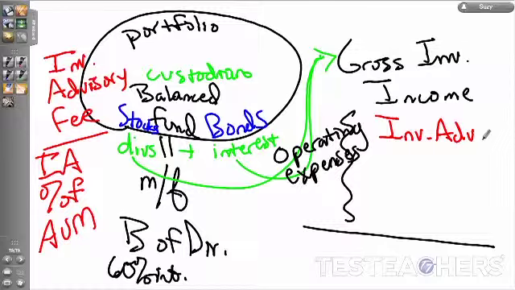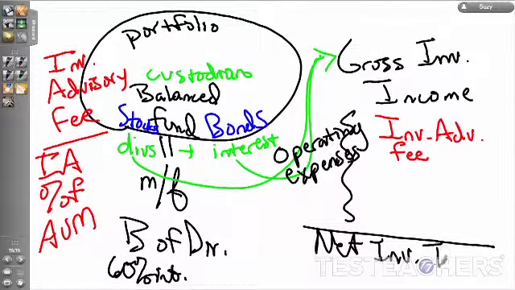Granted, if it's an index fund, it's possible that it's not the largest expense of the fund because they have low management fees. So out of gross investment income, we subtract the investment advisory fee. There are other fees that we're going to get to. Once we subtract all of the operating expenses of the fund, we're left with the fund's net investment income.